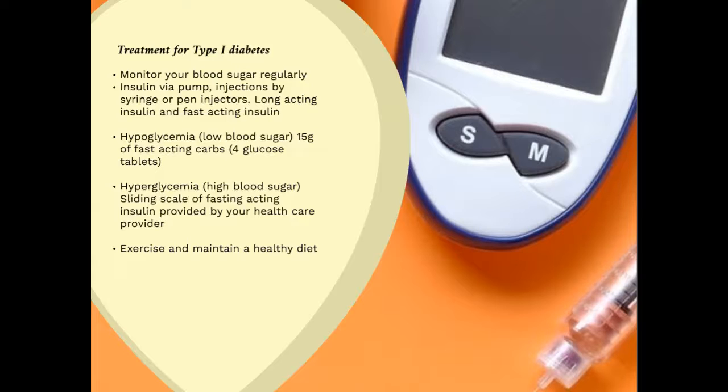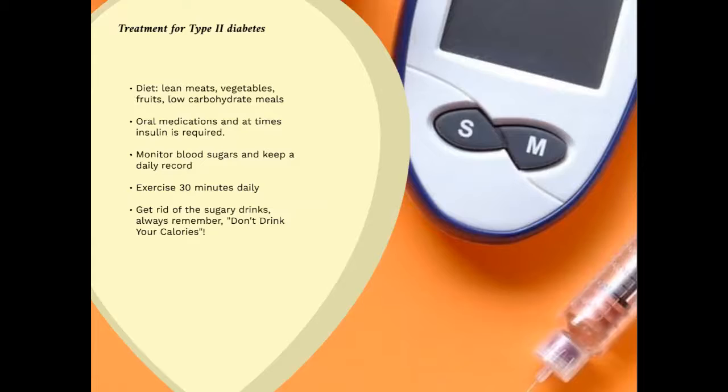Hyperglycemia, which is high blood sugar. Usually this is treated by a sliding scale of fast-acting insulin provided by your healthcare provider. Type 1 diabetics need to maintain exercise and a healthy diet daily.